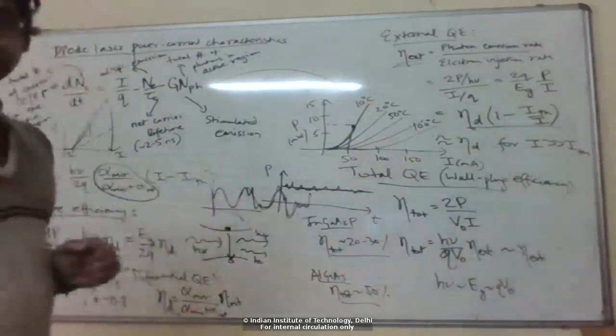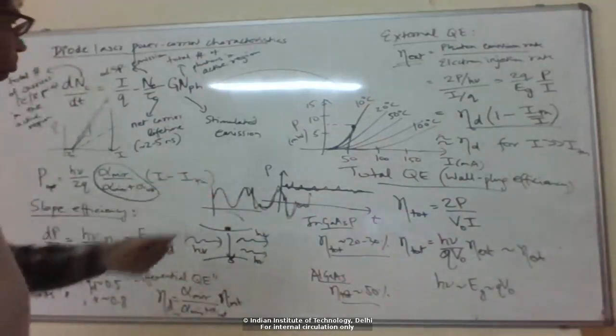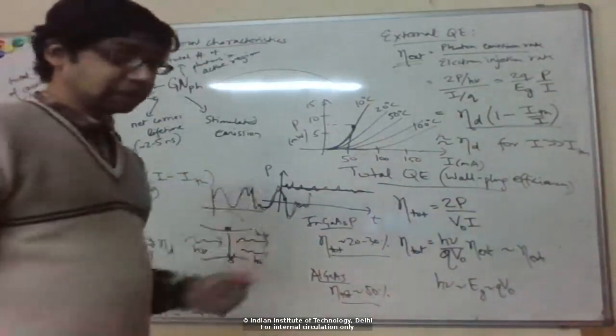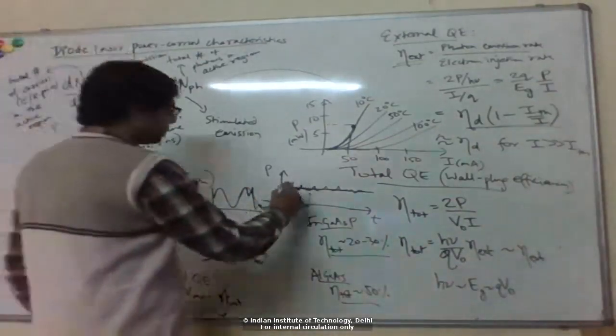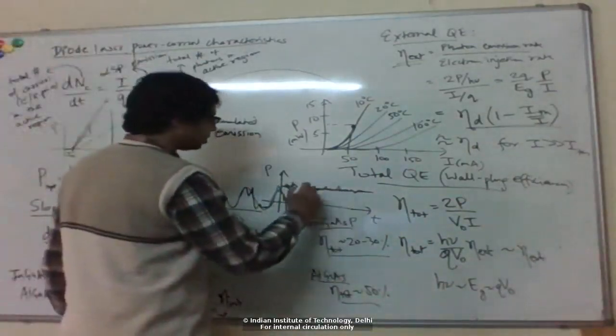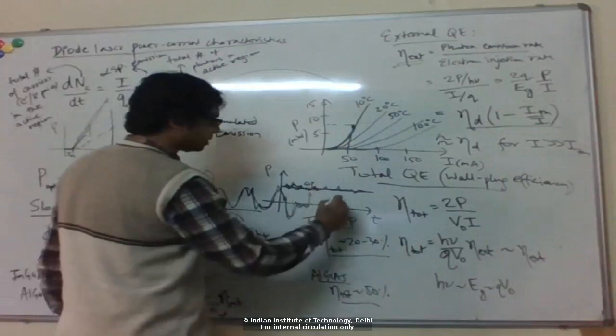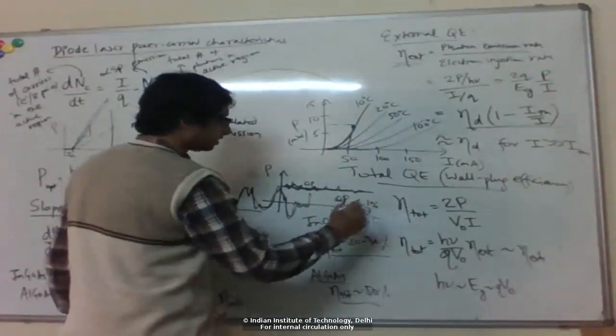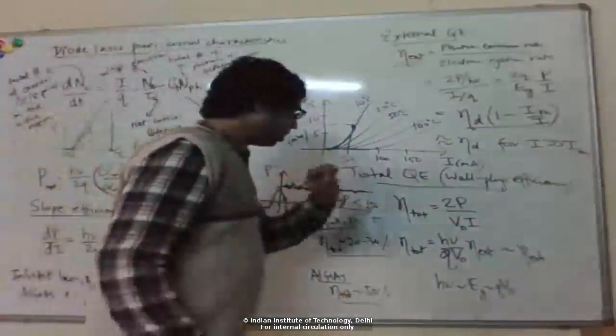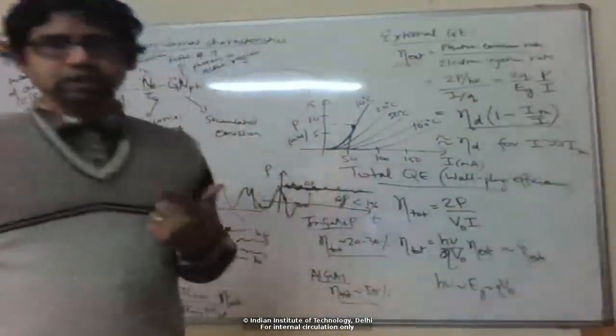So spontaneous emission is acting like a noise source for my device, which we will neglect. But typically, if I look at the power fluctuations, delta P by P is much less than 1% for semiconductor lasers. So it's a very small value, but it's finite.